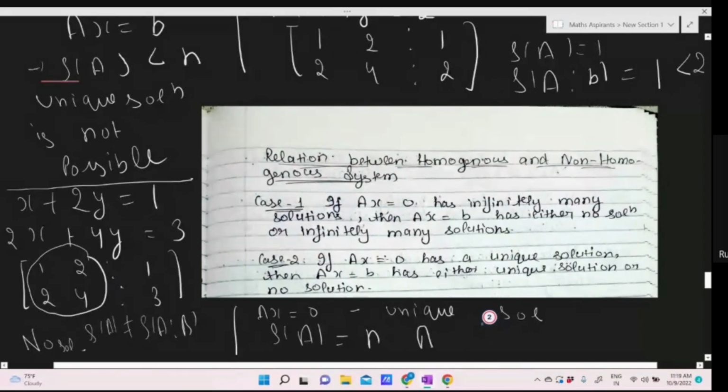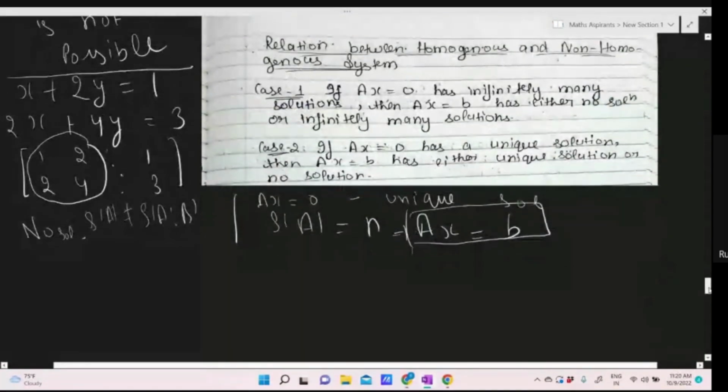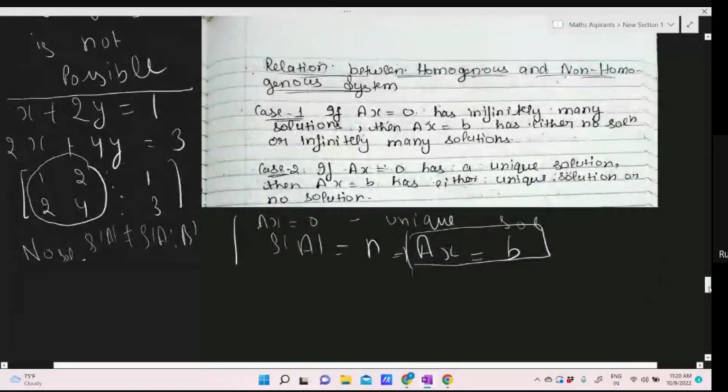From here, we will have to talk about the non-homogeneous system. This system will either have a unique solution or no solution. Here you can say that the rank of A is n.